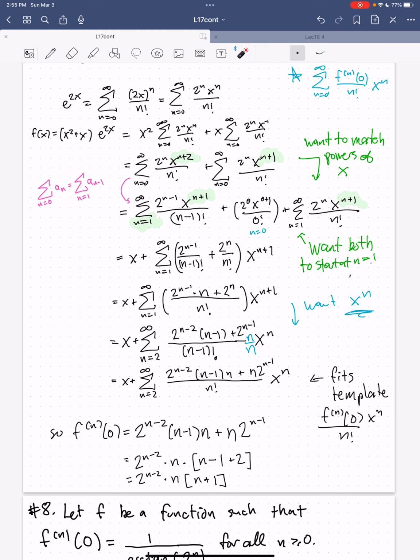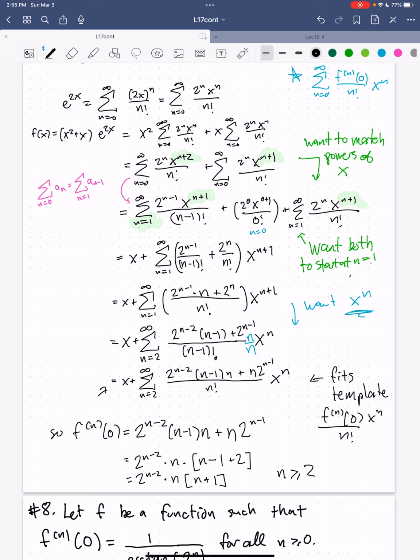And that gives us then something that actually fits that template. And so then we can say that the nth derivative of our function at 0 is equal to this numerator here. And that is true for n, I guess, yeah, greater than or equal to 2.